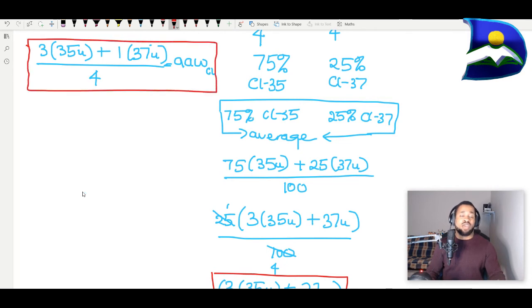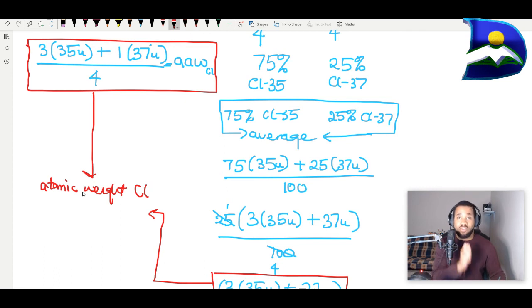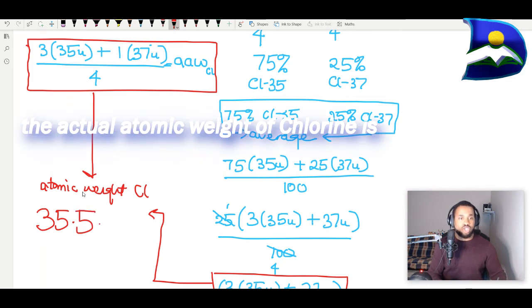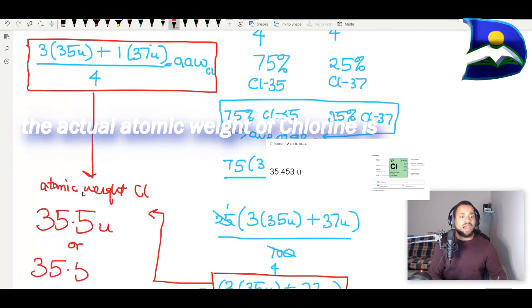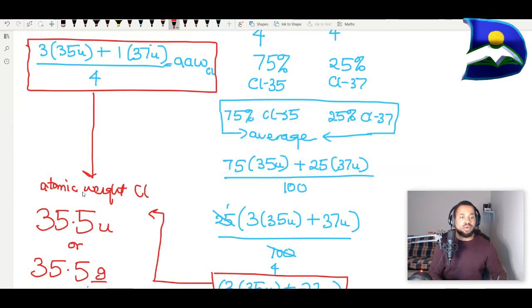So in here, you're able to determine what the AMU using both methods is, which means what is the atomic weight of chlorine. And the atomic weight of chlorine, when we assume that we have only those two isotopes, is, if you put all this into your calculator, you're going to get around 35.5 U, or 35.5 grams per mole of chlorine.